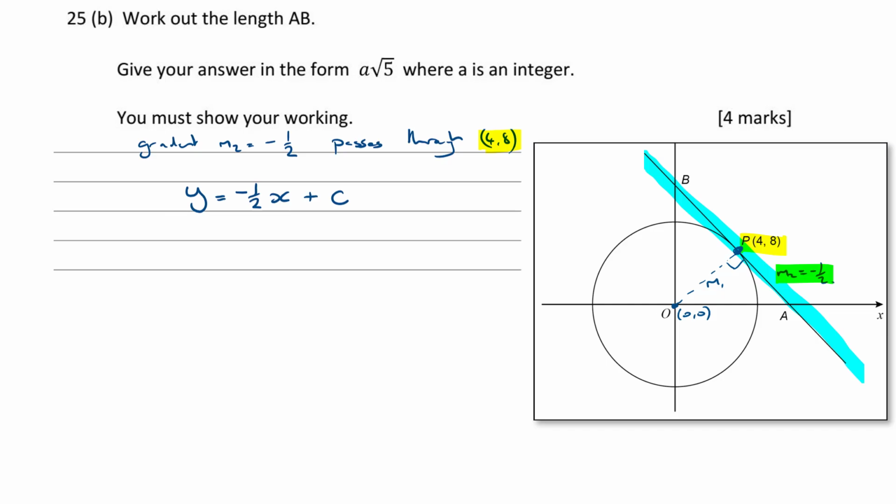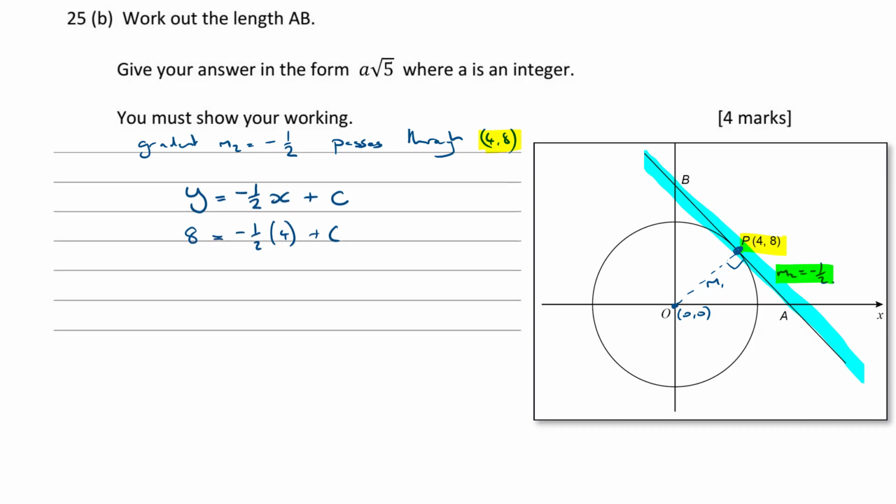So let's sub that in. So 8 is equal to minus a half lots of 4 plus c. Minus a half lots of 4 is minus 2. So 8 equals minus 2 plus c. So taking my minus 2 over the equal sign, change sides, it's going to become 10, isn't it? So c is equal to 10. So therefore, the equation is y is equal to minus a half x plus 10.